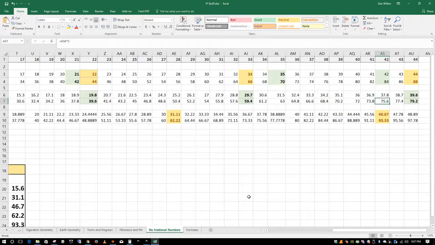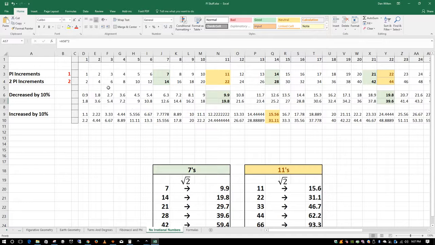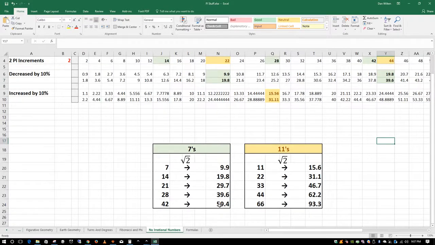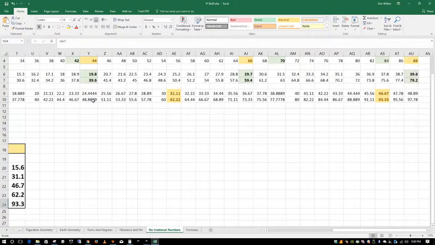And these are just the numbers 1, starting at 1 and moving all the way up, or 2, 4, 6, 8, starting and going all the way up, decreasing them by 10% and increasing them by 10%. And these are our square root of 2 values down here. Some of them are very familiar, like this 59.4 and so forth. I just wanted to share that with you guys real quick.